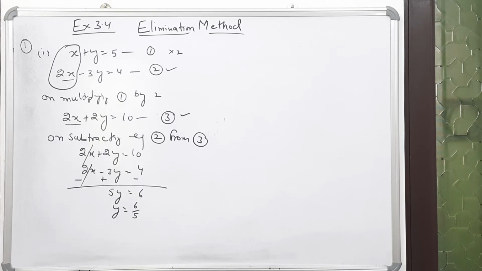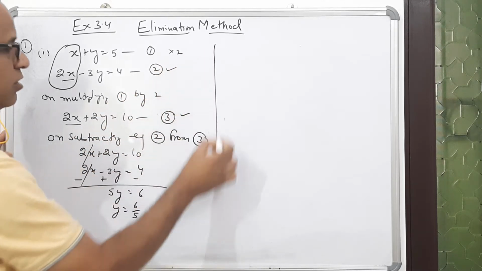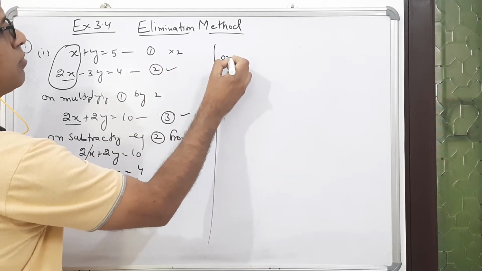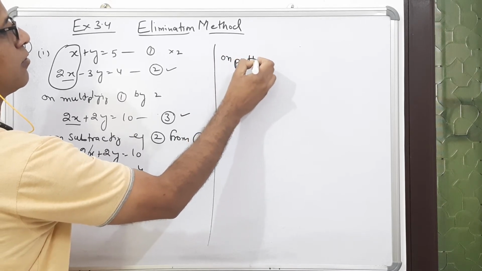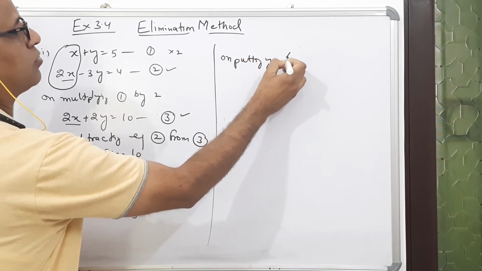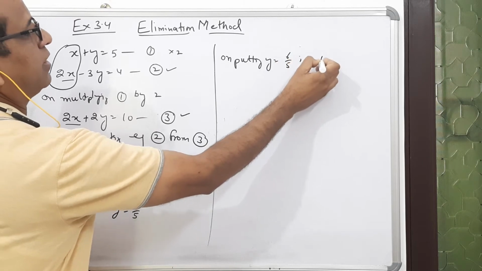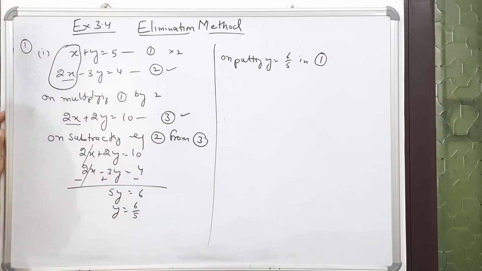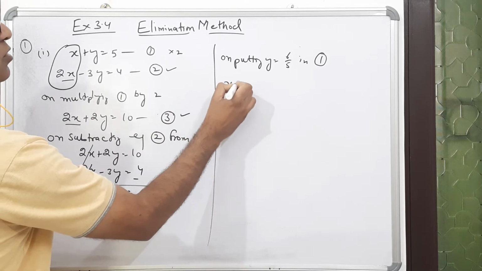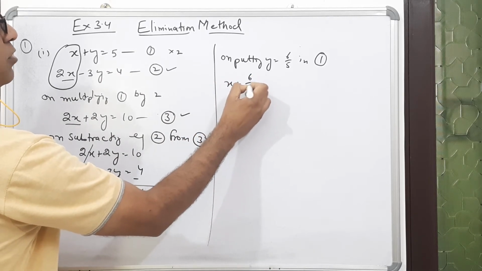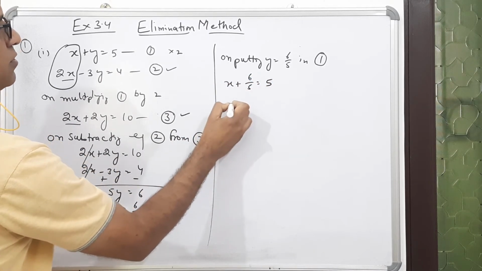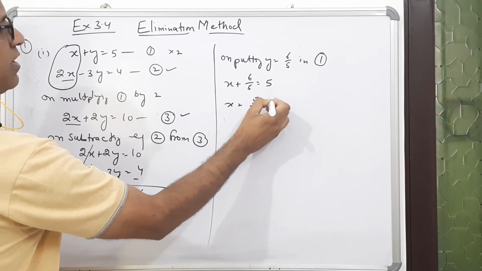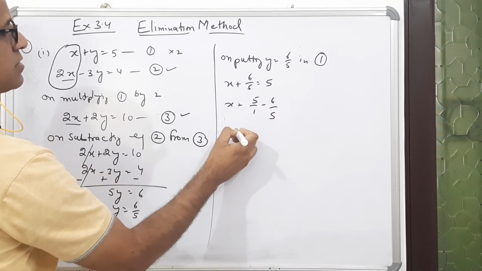Now the second part, as we have done in the substitution method also. On putting y equal to 6 upon 5, we can put it in the first, or in the second, or in the third. I am putting it in the first one. So x plus 6 upon 5 equals 5. So x equals 5 minus 6 upon 5.